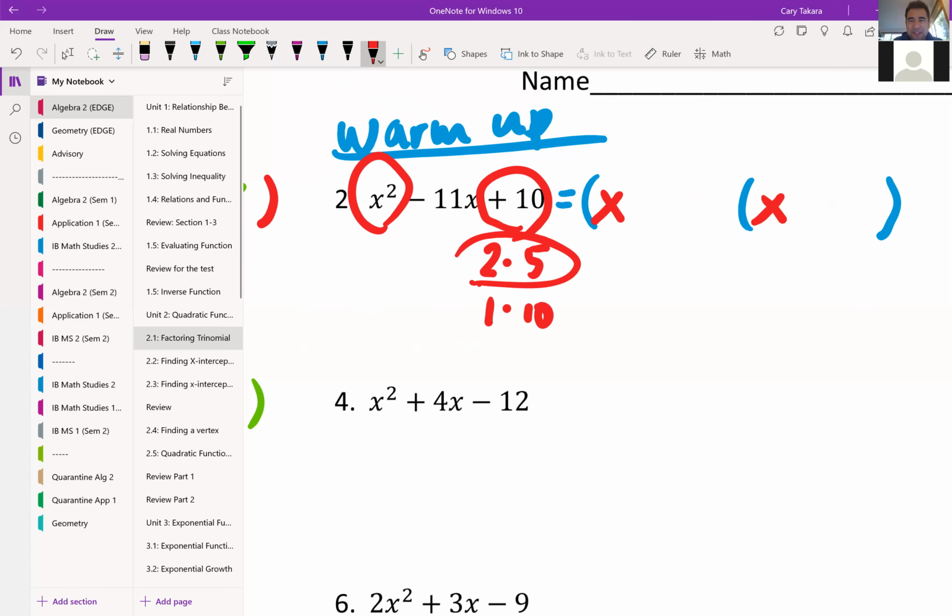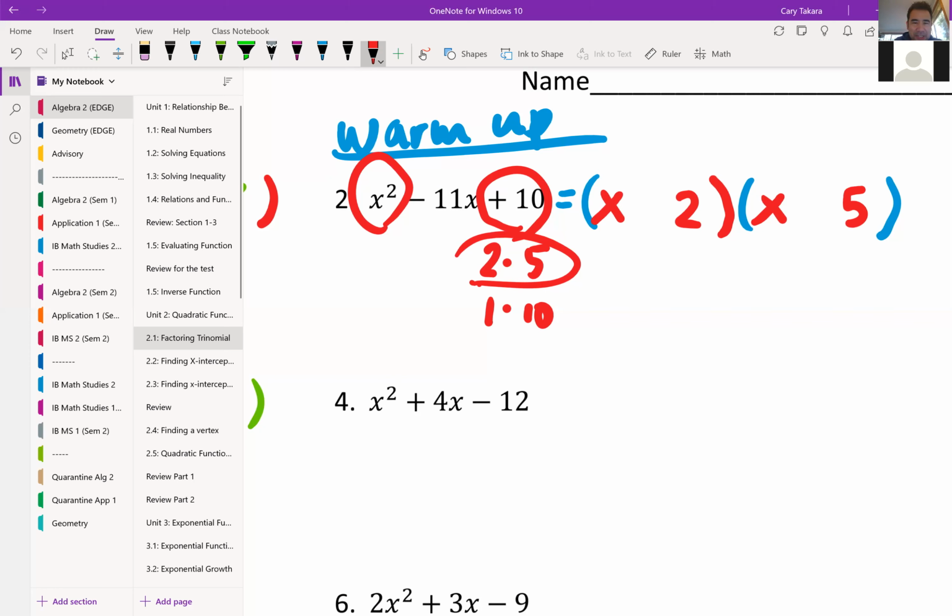But then maybe some of you are seeing already, the more you do this and have experience with factoring, you will start to see which option will work better. And some of you might be thinking, well, it's going to be 1 and 10, but let's say you're going to try 2 and 5, right? And now, how do we know if this is correct or not?